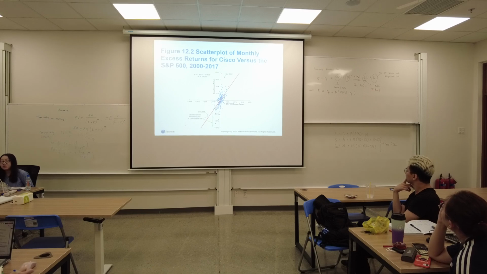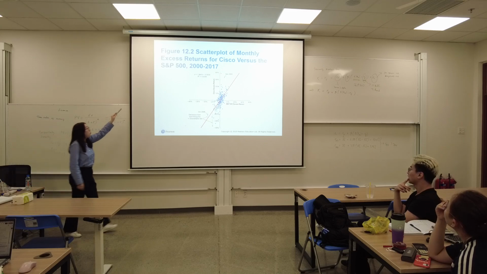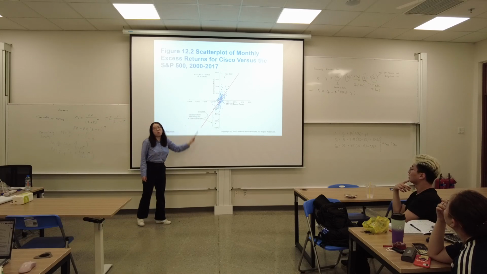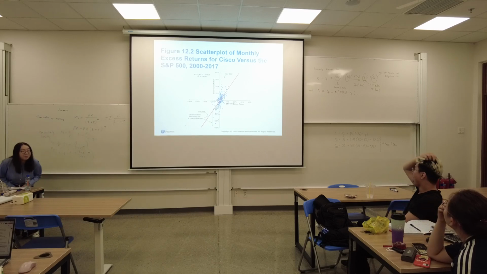So the Cisco return moves about 2 for 1 with the overall market. You can see that the Cisco beta is about 1.6. So it moves 1.6 times more than the market portfolio.